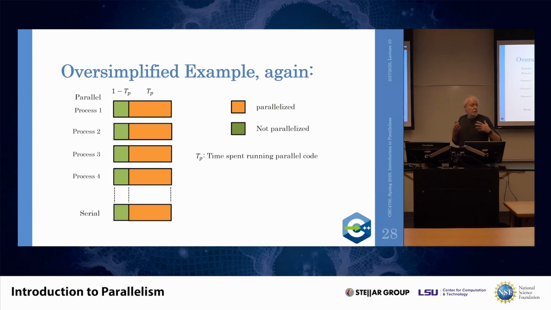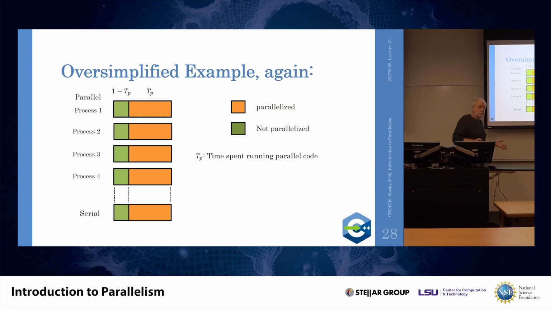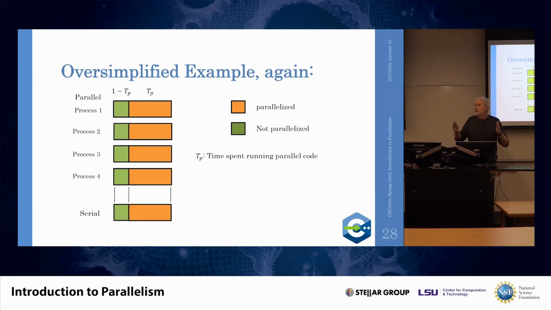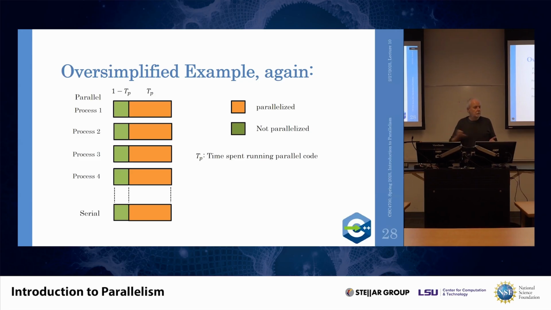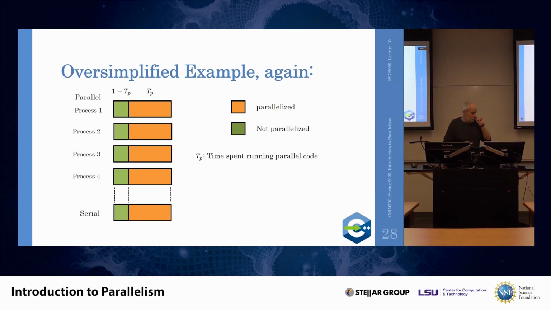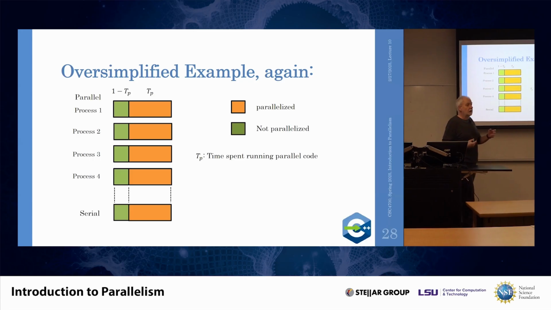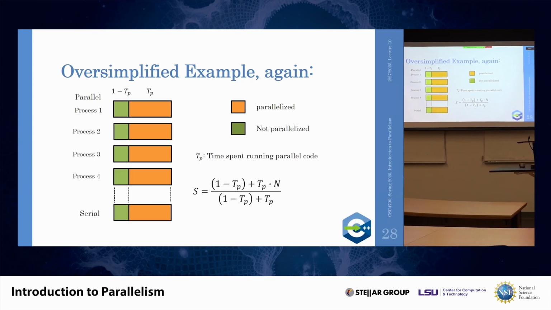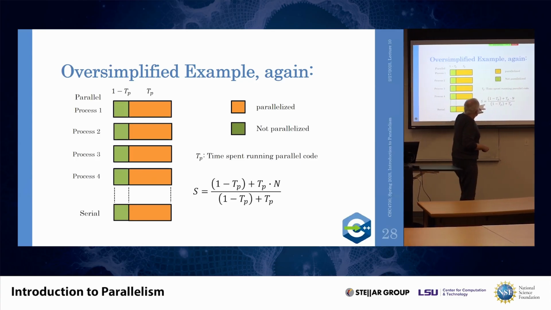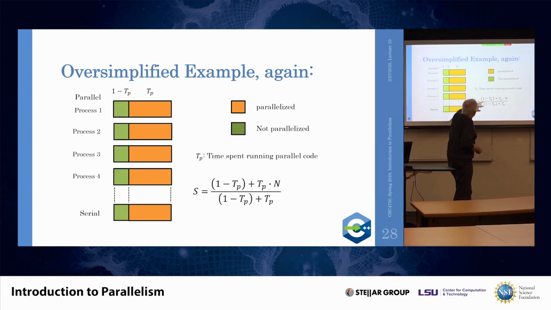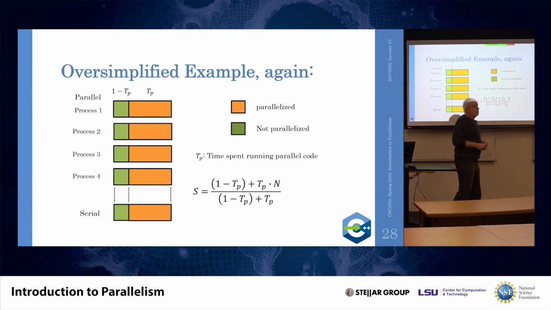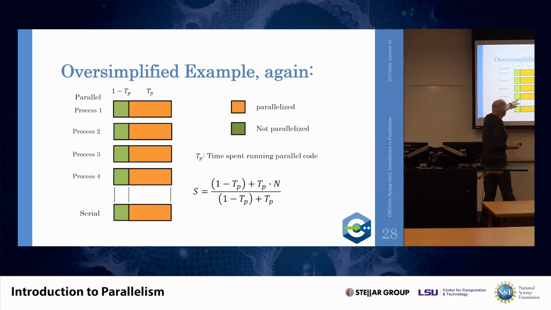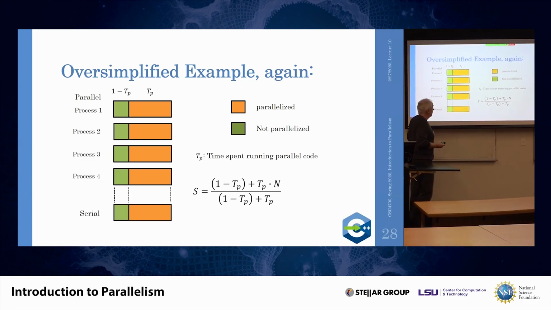In other words, I increase the amount of parallelism, and at the same time increase the amount of data I'm working on in a proportional way. So if I run it on twice as many cores, I increase my problem size by a factor of 2. And what happens then is the following. Well, the speed up is this time plus n times the TP, which is the sequential time I would need in order to run 4 pieces of parallel code.